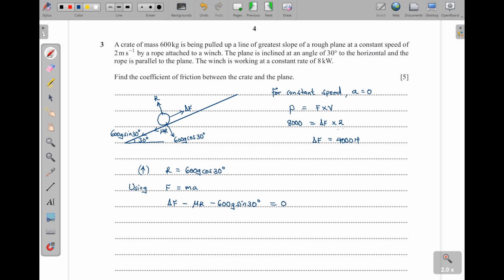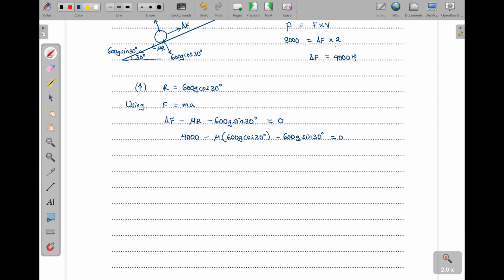So this will be 0. Now, this is 4,000 minus mu times R, where R is 600 g cosine of 30 degrees, then minus 600 g sine of 30 degrees, equal to 0. So I will take this one to the other side, and then it becomes positive.